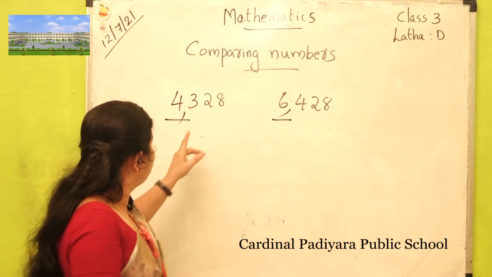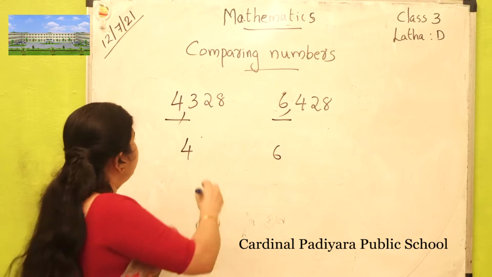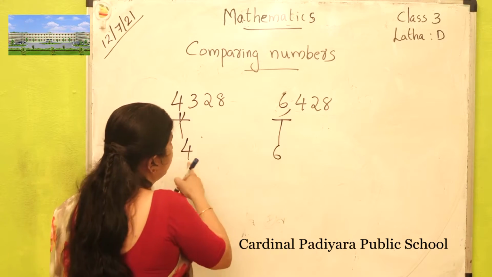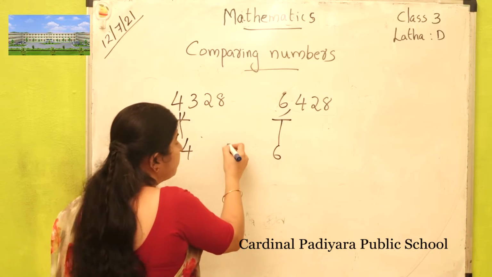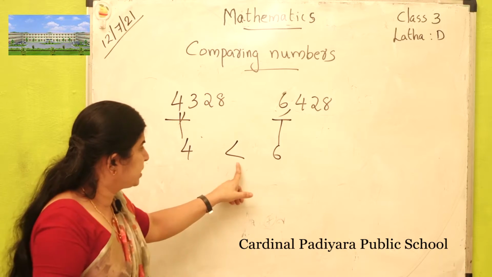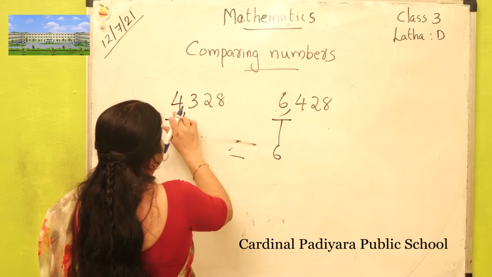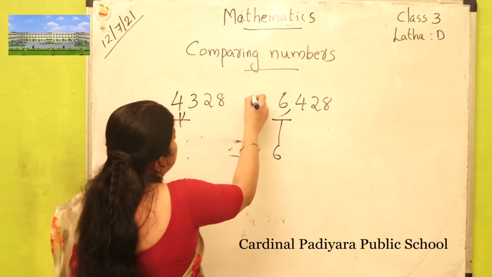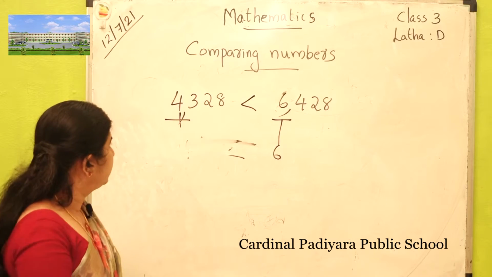Compare 4 and 6. 4 is smaller than 6. Therefore, 4 is less than 6. Therefore, 4328 is less than 6428.